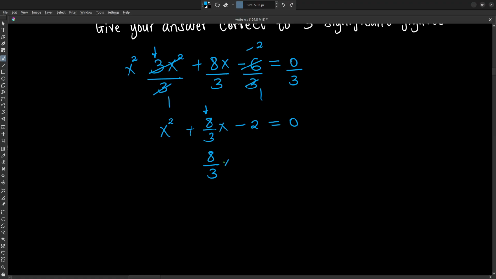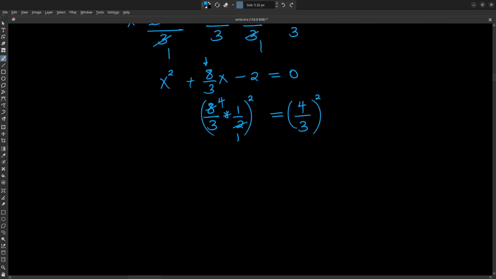Dividing by 2 is the same as multiplying by half. Then you square. So whatever you get after all this, you're supposed to add and subtract from the left side of the equation. So by 2, this is 1. By 2, this is 4. So this is just 4 over 3 squared. So let's leave it in this format for now.